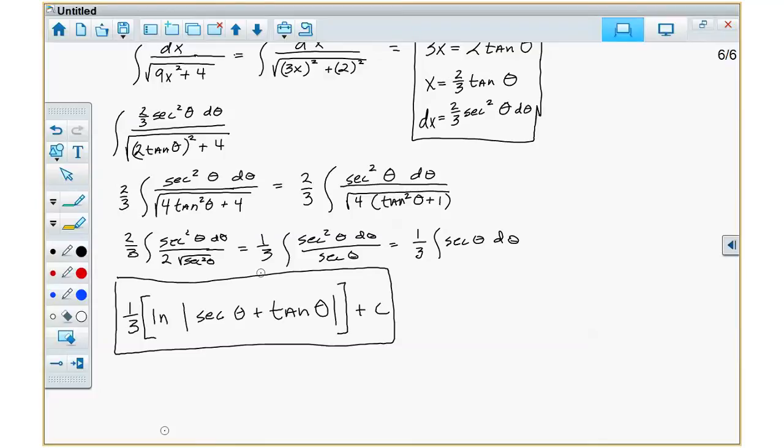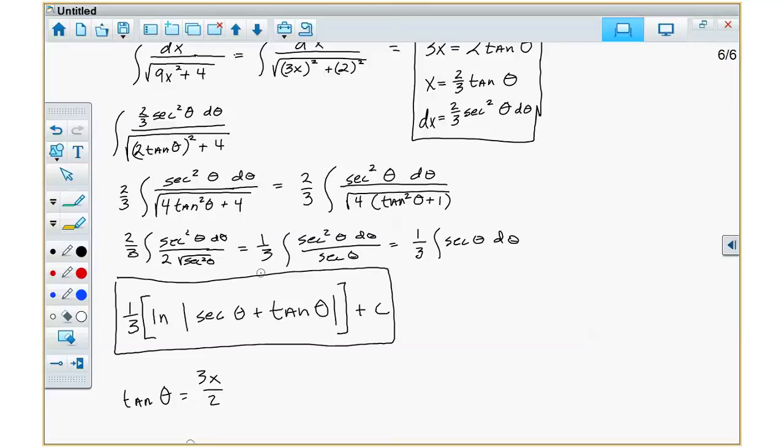Now you've got to do your triangle because you don't know what the secant is. So x is equal to 2/3 times 3x. Tangent of theta is equal to 3x over what?